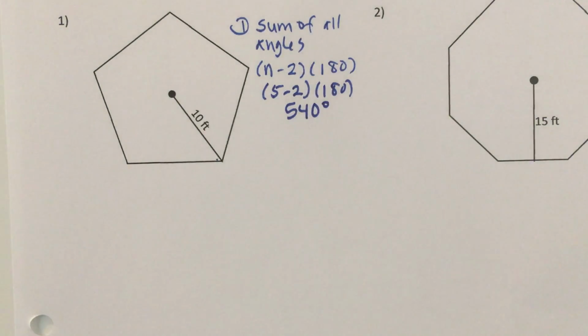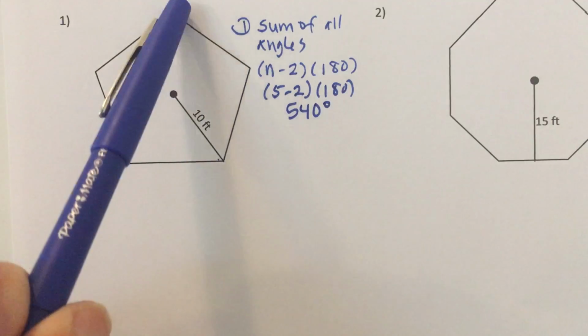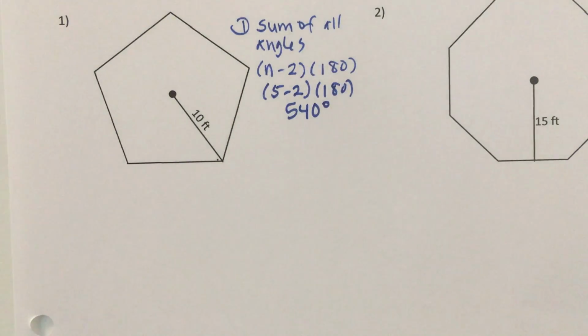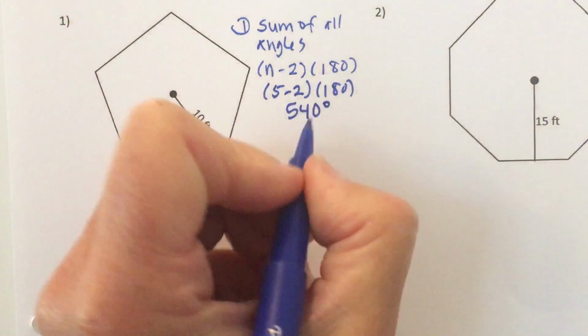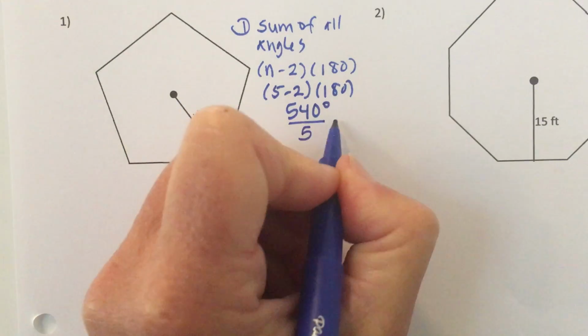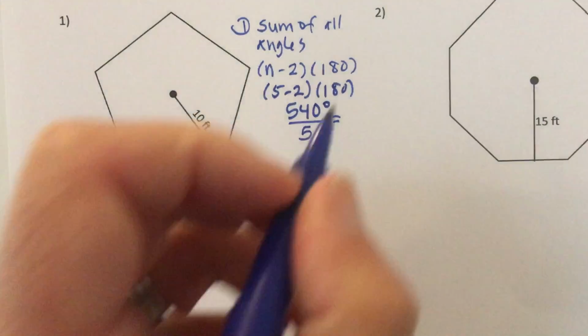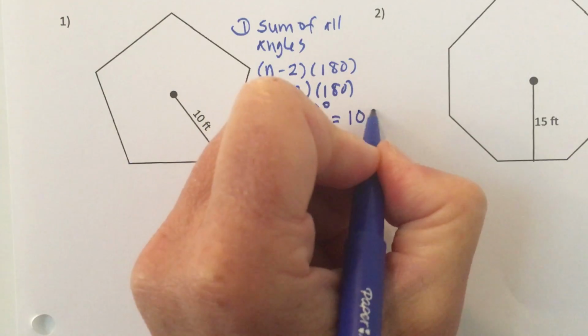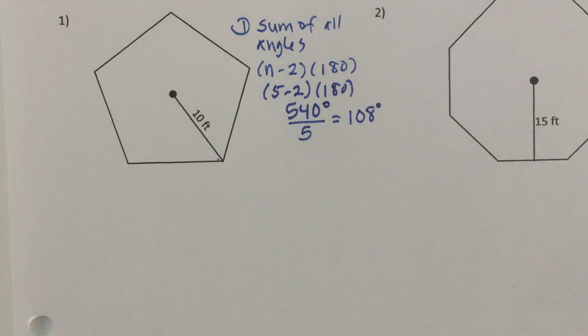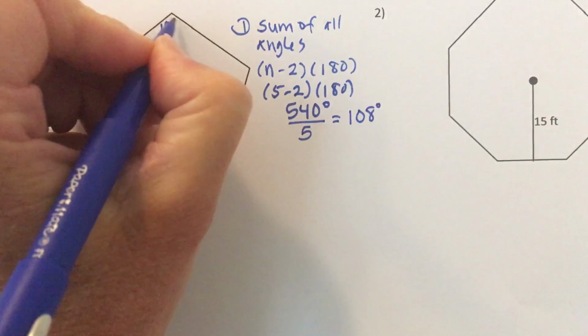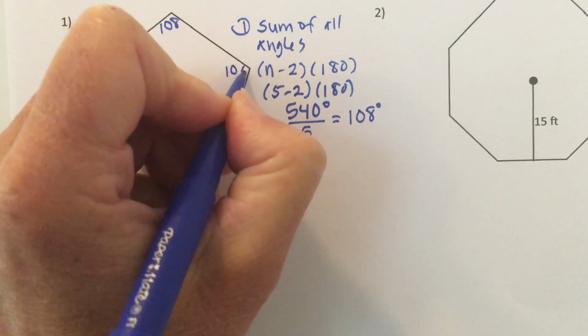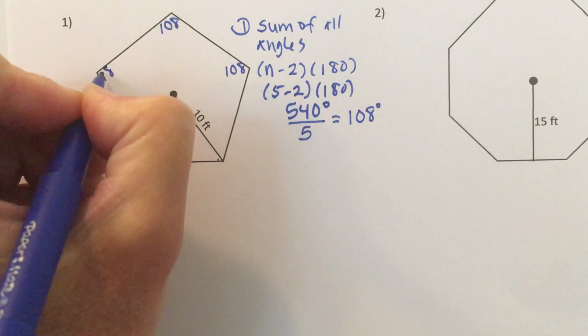So all 5 of these angles add up to 540. But since it's a regular pentagon, all of them are the same, so you divide by the number of angles and you get that each angle is 108. So this angle is 108, this angle is 108, this angle is 108, etc.